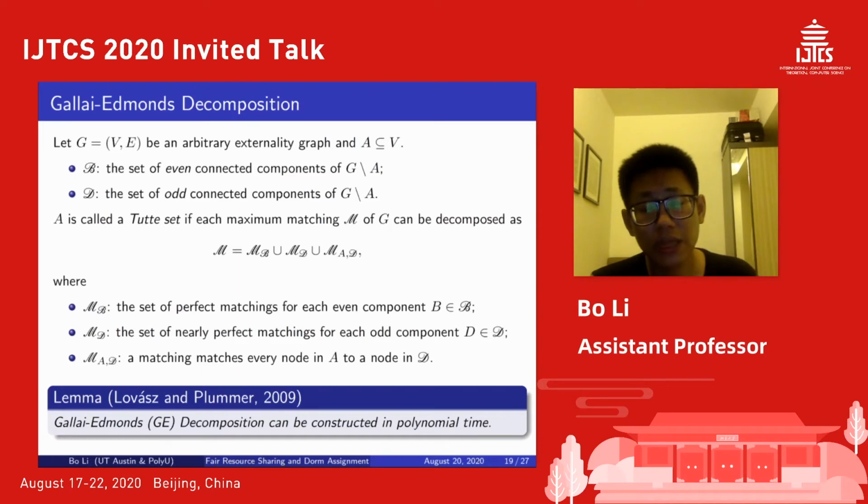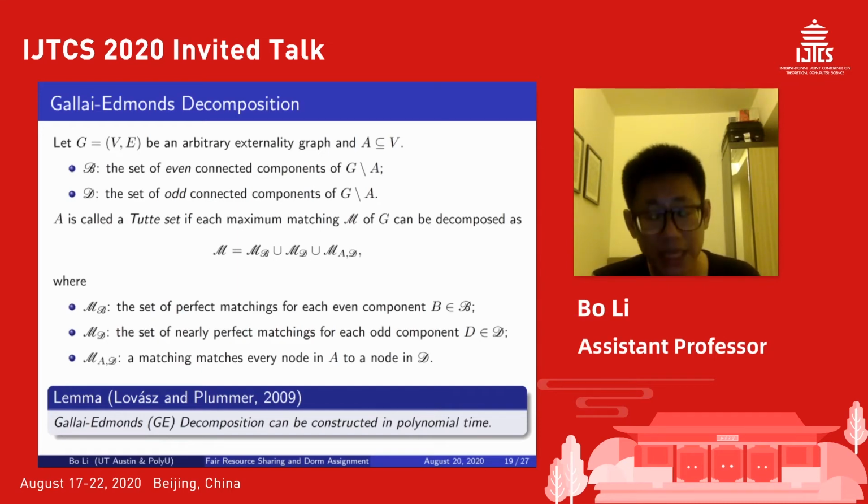So each component in D contains an odd number of agents, an odd number of nodes. Then the set A is called a TAT set if the following holds: for every possible maximum matching M of the original graph G, it can be decomposed as the following 3 parts, MB, MD, and MAD.